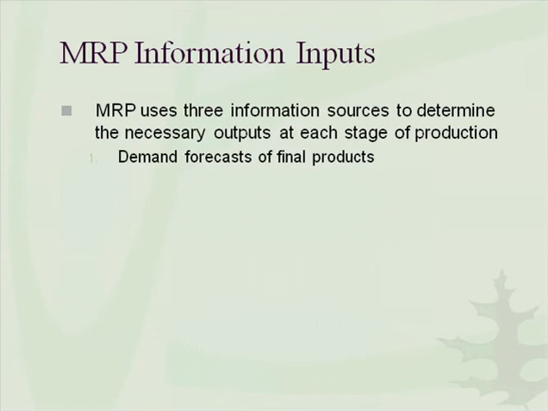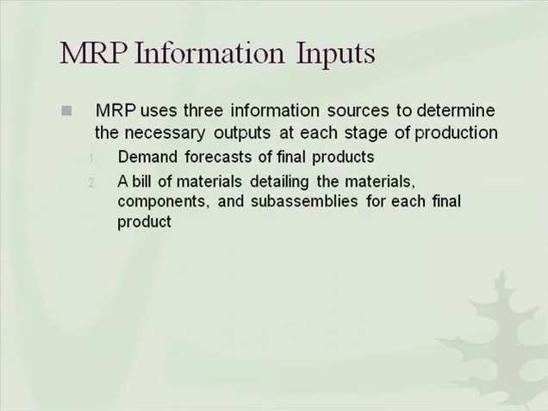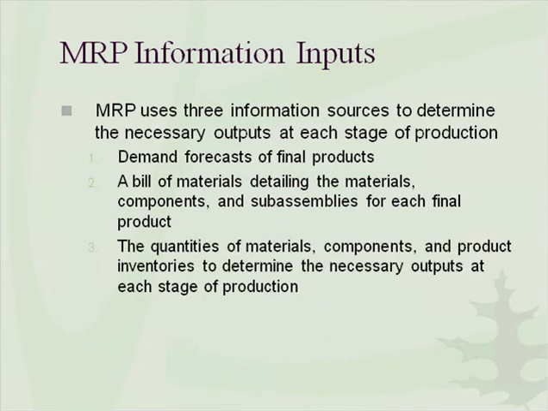We base it on demand forecast of the final products. We base it on a bill of materials, which lists all the materials that must be used, what components are involved, what sub-assemblies are involved in every final product. And the quantities of the materials, the components, and product inventories are also used to determine the necessary output at each stage of production.